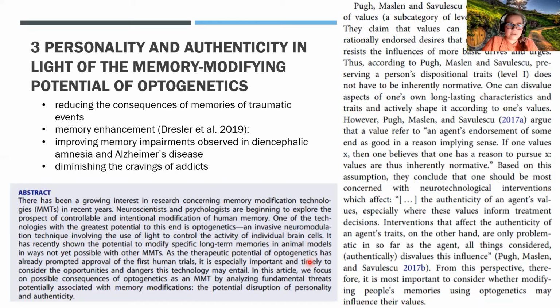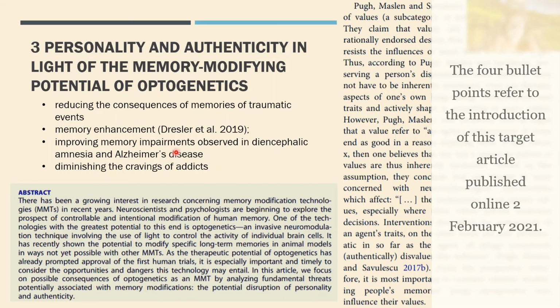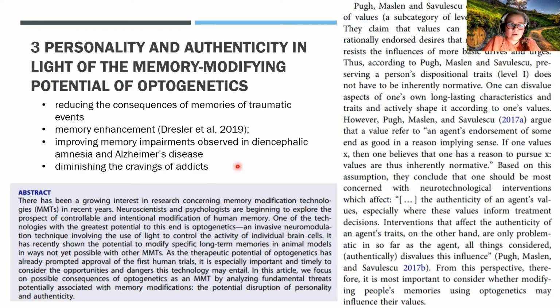Then a bit outside the vision, just focusing on recent papers in optogenetics. It's about enhancing memory, so it could be used after traumatic events, in diseases such as Alzheimer's or diencephalic amnesia. And also optogenetics could be used to diminish the cravings of addicts. This paper was very, very interesting for me because it contained paragraphs that are purely philosophical.